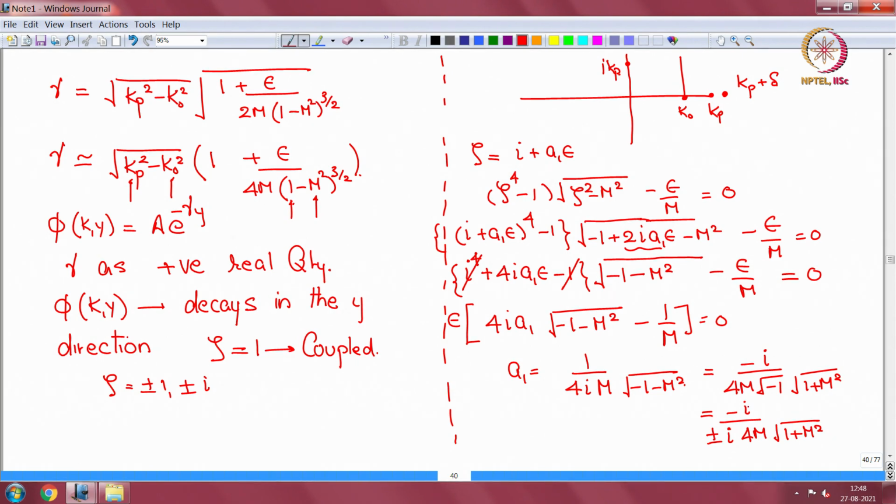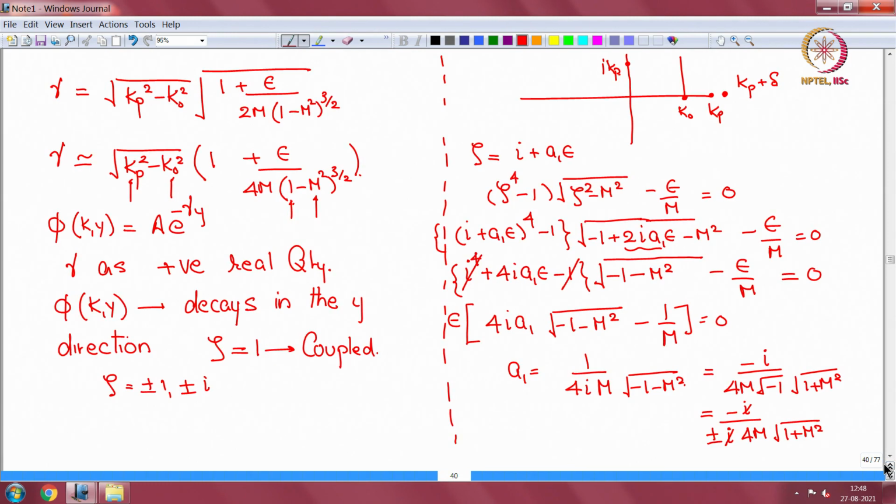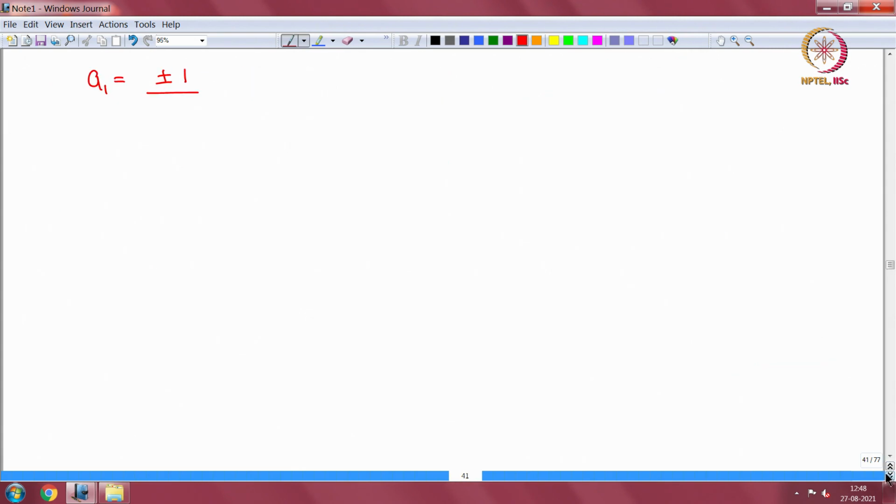This i goes, I get a plus minus. So next I get A1 is equal to plus minus 1 by 4m square root of 1 plus m square.